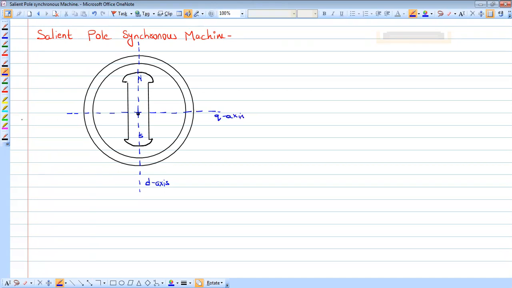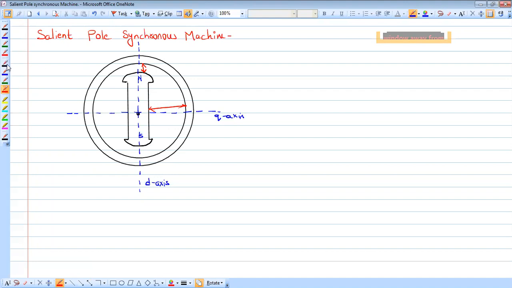If you observe the air gap along the quadrature axis, it is larger compared to the direct axis air gap between stator and rotor. Because of this non-uniform air gap, the reactance along the direct axis differs from the reactance along the quadrature axis.